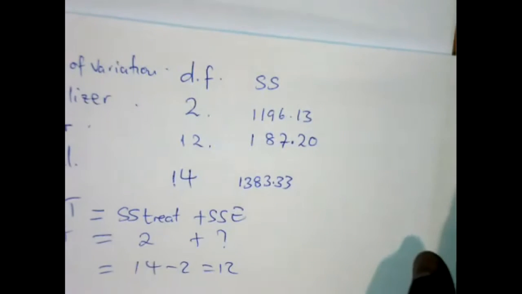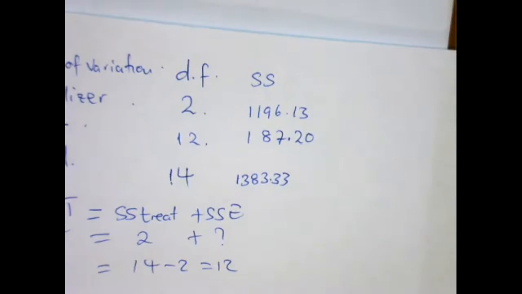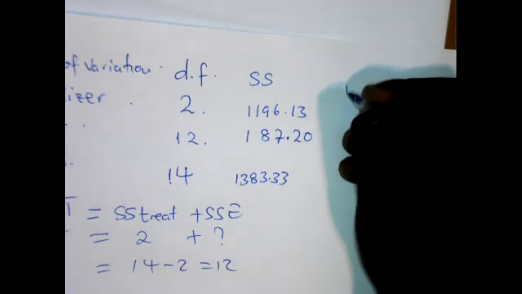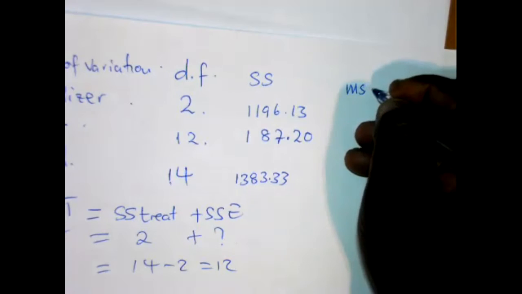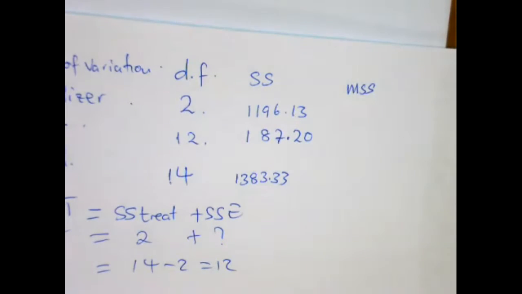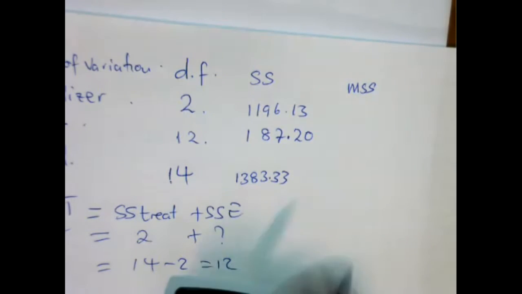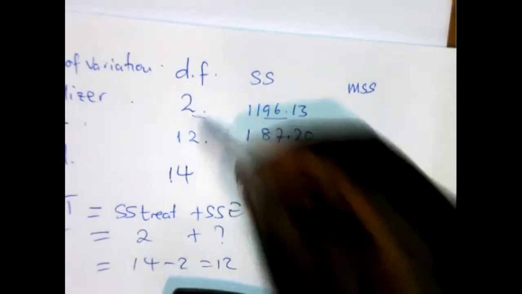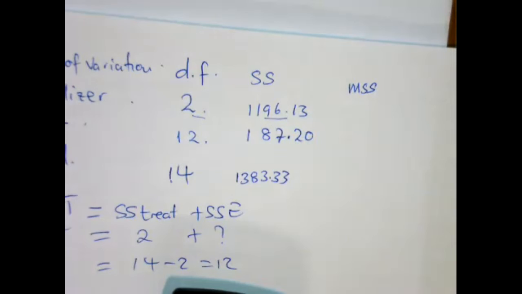So now, with this, we have our MS, mean sum of squares. To get MS fertilizer, we just divide this one by the degrees of freedom. So it will be 1196.13 divided by 2.